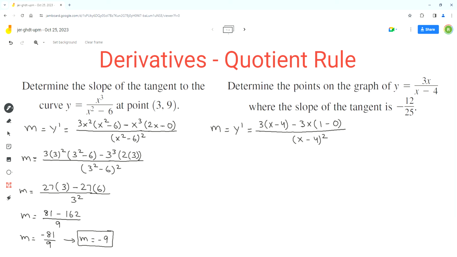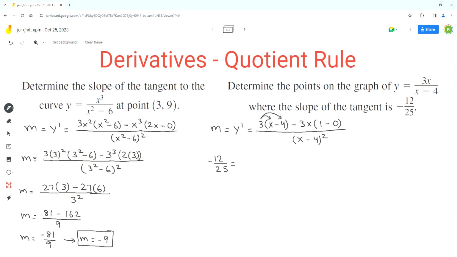Now we are given that the slope of the tangent is negative 12 over 25. So we can sub in m as negative 12 over 25, and we can simplify the expression. In the numerator, we can distribute 3 into the parentheses.